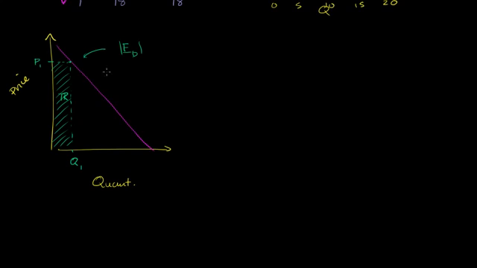It will actually be a negative number, but the absolute value of the elasticity of demand is greater than 1, which means for a 1% drop in price, you have a greater than 1% increase in quantity. And that comes straight out of the expression or our formula for what elasticity is.